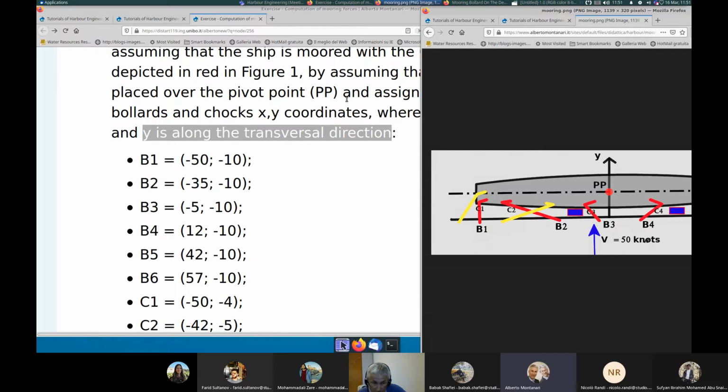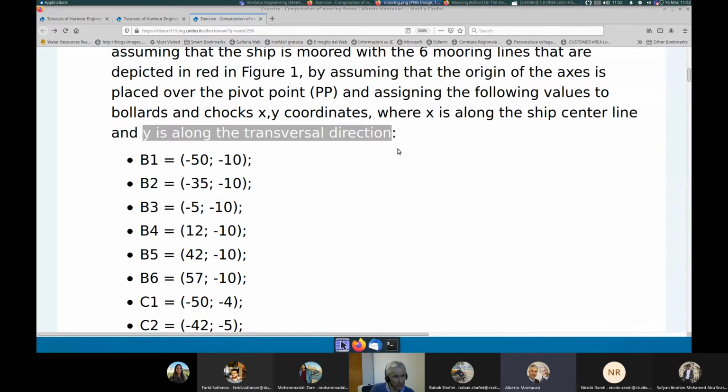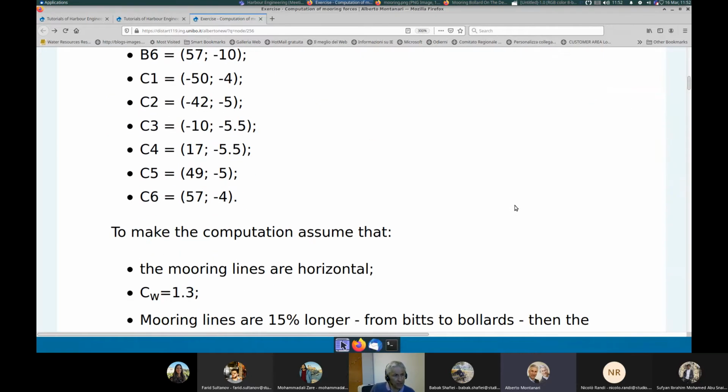And in fact, you see that Bollard 1 has a coordinate of -50 because it's very close to the stern. Okay. So these coordinates again are referred to the pivot point. It is extremely important that when we give coordinates, we specify the system of reference. Very good.